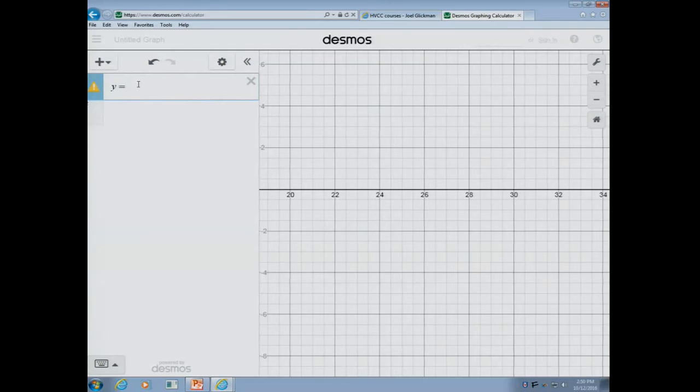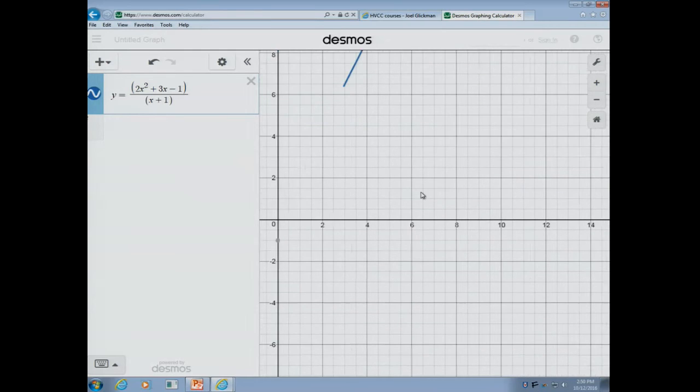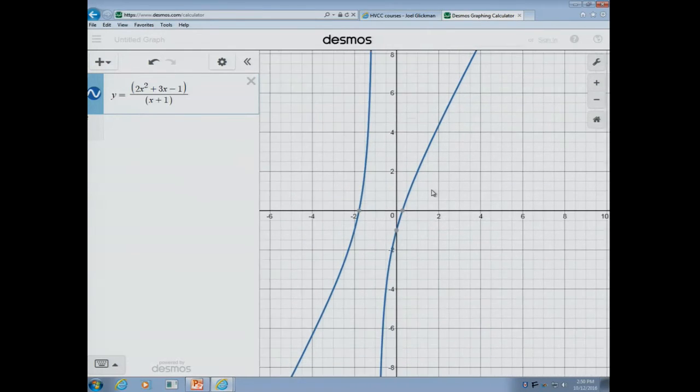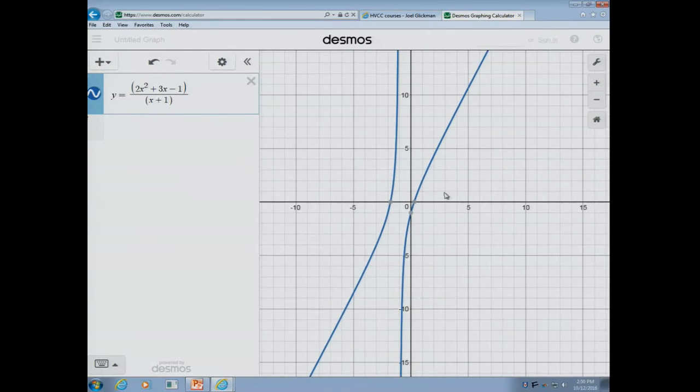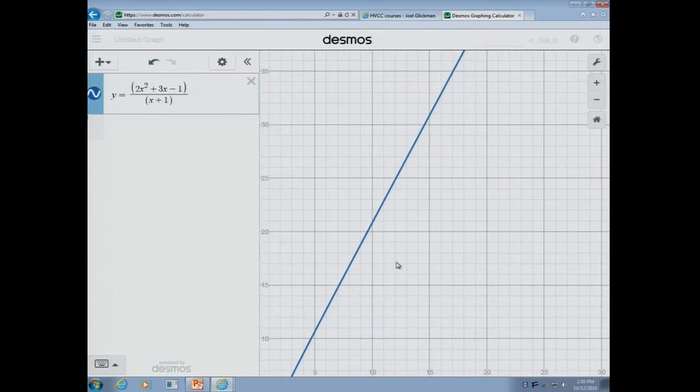So this function was 2x squared plus 3x minus 1, and I want to divide that whole thing by x plus 1. Let's see if we get the end behavior we expect. Well, I'm way over here, so I got to go back to the origin to see what's going on here. And zoom out. And it looks to me like the end behavior is exactly what we expected.